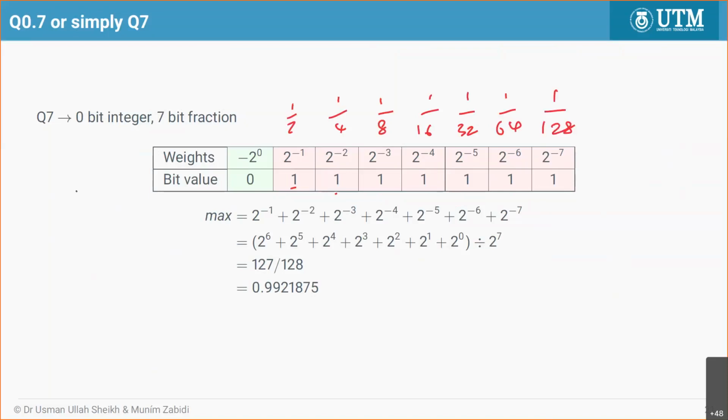Add all this up, you get 127 divided by 128. And in decimal, it's 0.99 something. So that's the biggest positive number in Q7 fraction format.